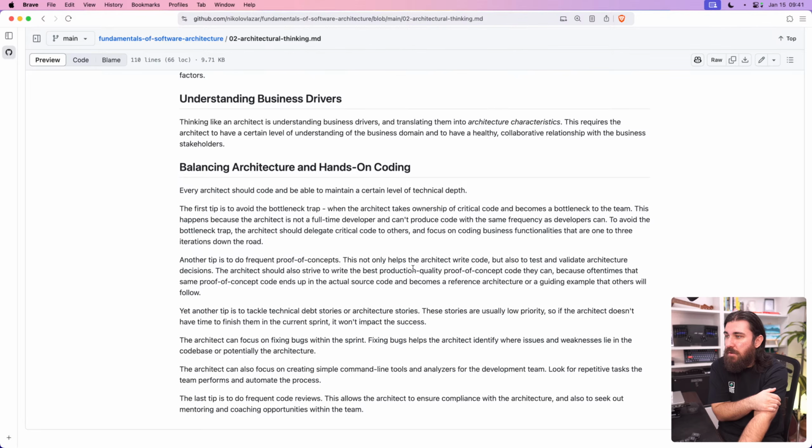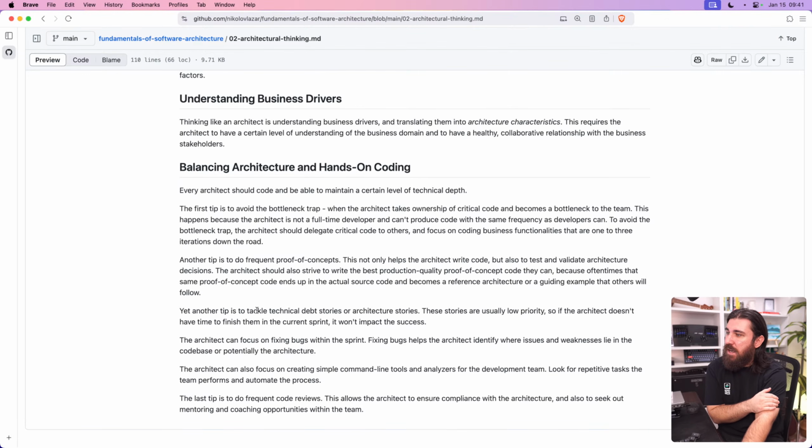If your POC code is smelly, usually architects have mentor or coach responsibilities to the team. If this is written by the coach and I'm a developer, I'm just gonna follow, right? If smelly code is what code should be, then smelly code I will produce. So yeah, strive to write the best production quality POC code, even though it's a POC.